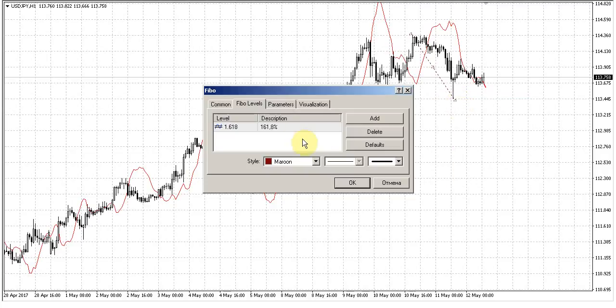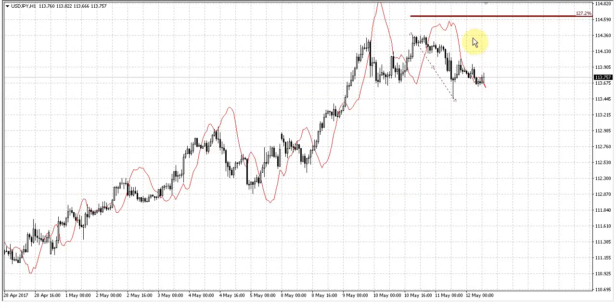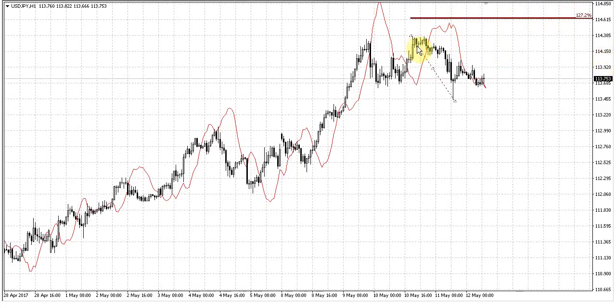Actually, before speaking about taking a short position, we need to get a pattern that will confirm this idea. So we need to get some reversal pattern here. One of them could become, for example, a bread and butter, or maybe we will get a butterfly, or maybe we'll get the head and shoulders here.